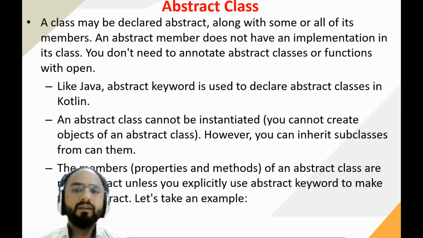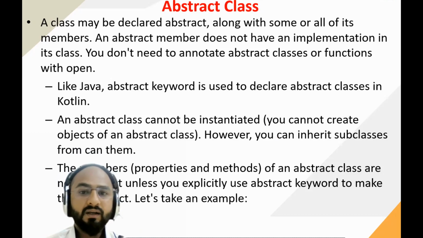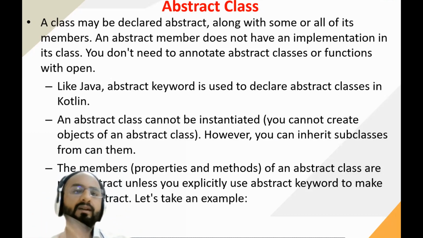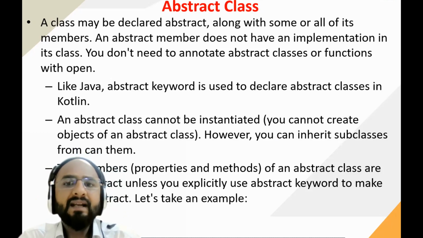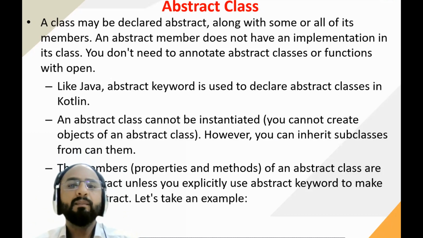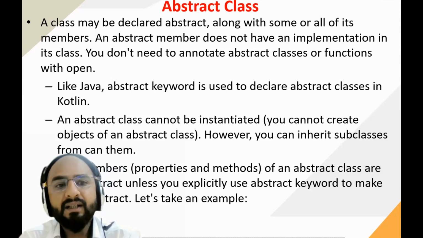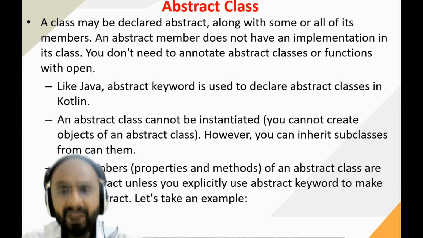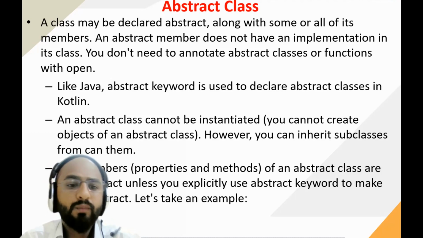If you cannot create the object of the particular class, what you need to do is inherit that class. An abstract class can contain abstract methods and non-abstract methods also.